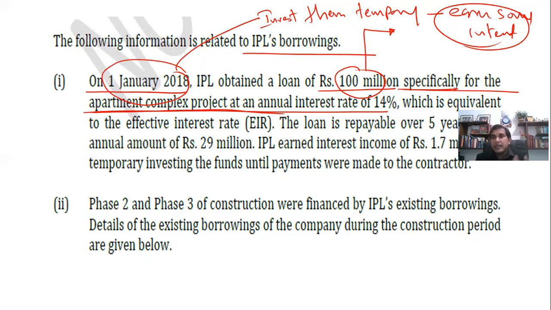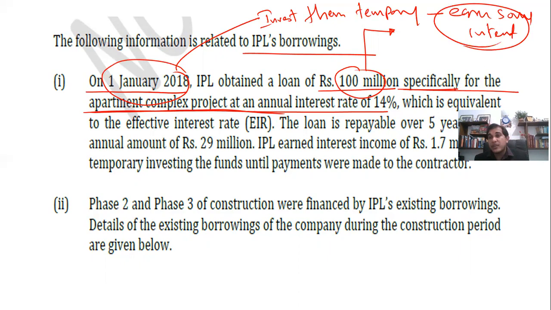So during that period, the entity can invest that loan amount in some temporary investment and earn some interest income. If there is such interest income, what you need to do is deduct that interest income from the borrowing cost.